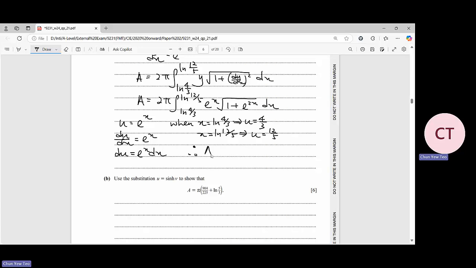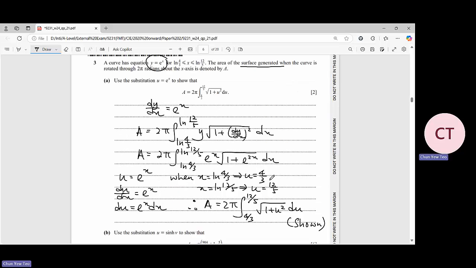So therefore, your A will be integrate 2 pi from 4/3 to 12/5, this is e^x, this is the dx, this one will become du. The whole thing will become square root of 1 plus u squared, shown. So this is the answer for part A.